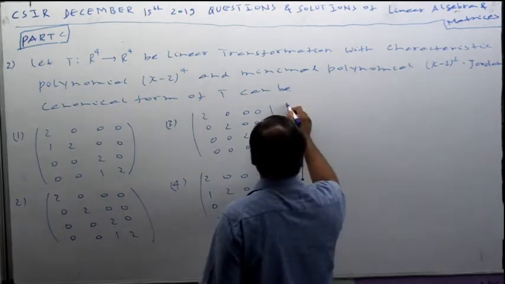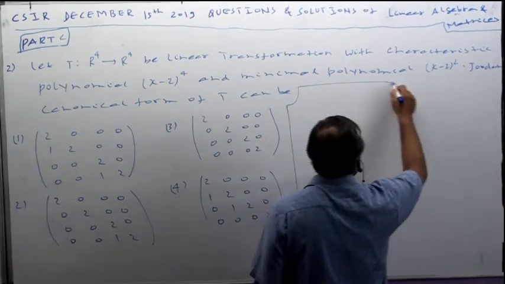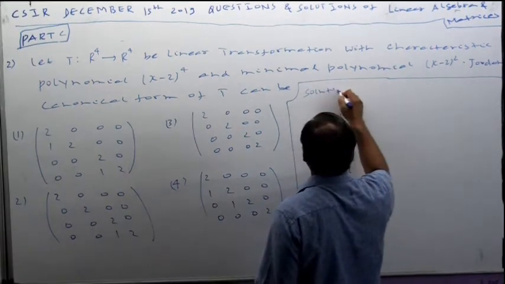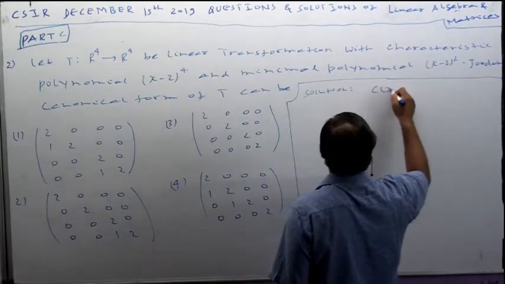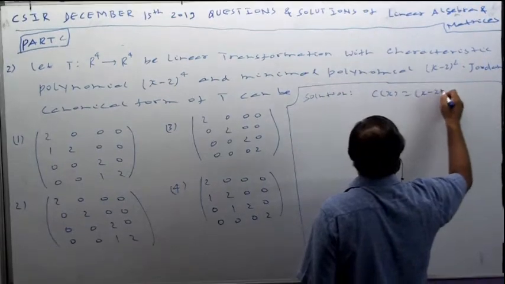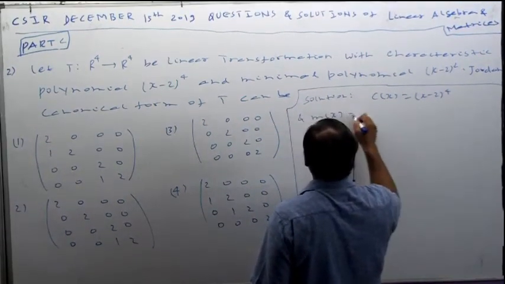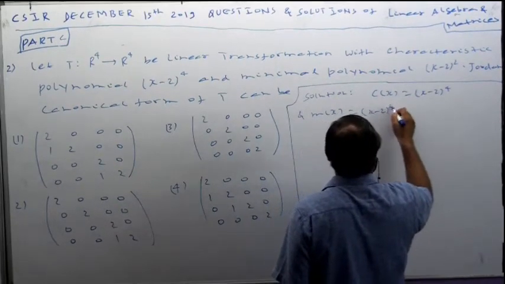Now let us start our solution. C(x) is (x minus 2) to the power 4 and m(x) is (x minus 2) whole square.